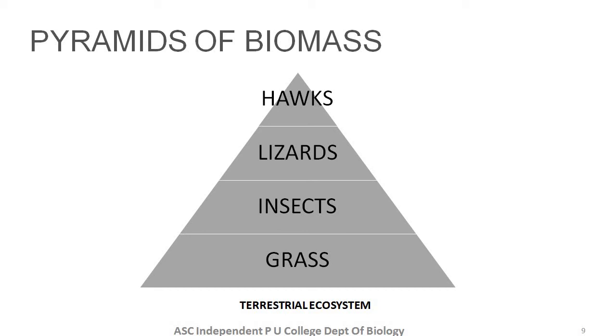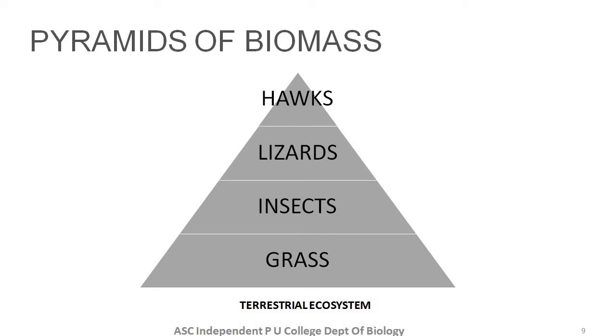Again, like the pyramids of number, most pyramids of biomass are upright or erect. Examples of upright pyramids of biomass include the forest ecosystem, tree ecosystem, etc. Here in this slide, we have taken up an example that we see in a terrestrial ecosystem. Grass, insects, lizards, hawks.